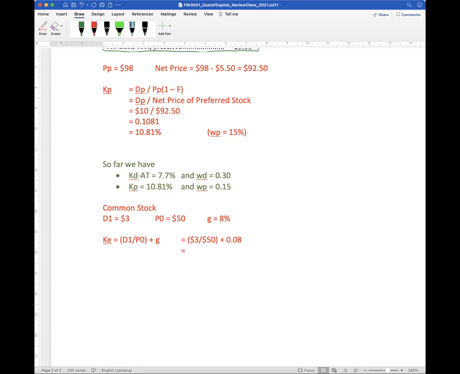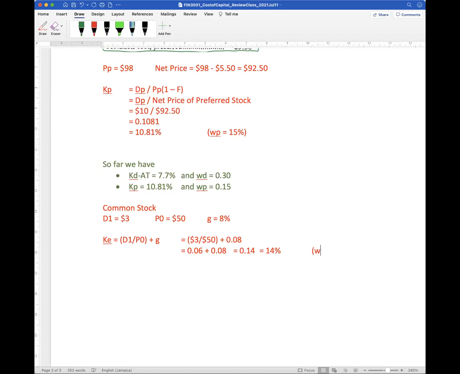So 3 over 50, that's 6%. 6 and 8, 0.06 plus 0.08, 0.14 or 14%.